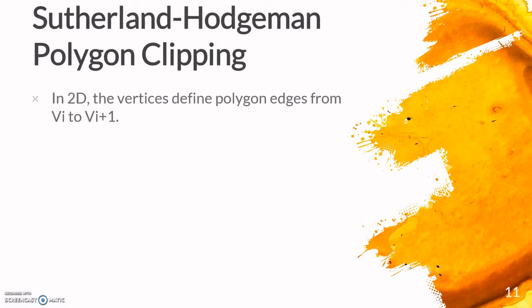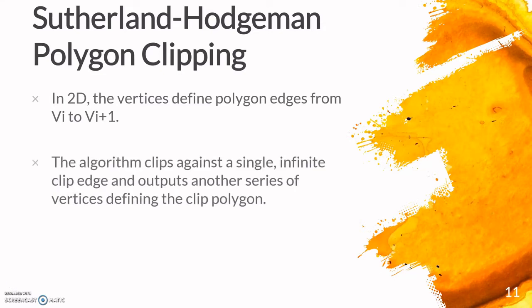And now let's move on to the Sutherland-Hodgman polygon clipping algorithm. In 2D, the vertices define polygon edges from Vi to Vi plus 1. Now the algorithm clips against a single infinite clip edge and outputs another series of vertices defining the clipped polygon.